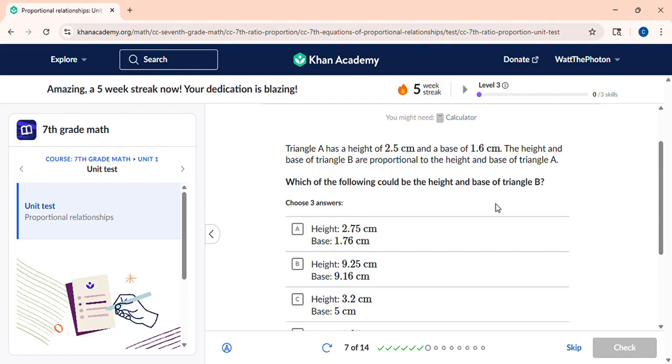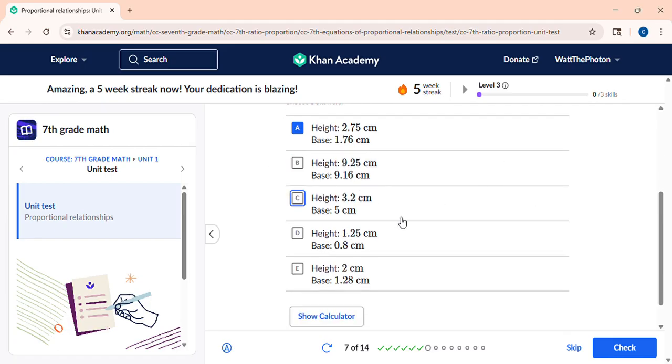The height to base ratio is 1.5625. So if we plug that in, we multiply that times 1.6. So A's right. B, I can just tell off the bat it's wrong. C's wrong. These two must be right.